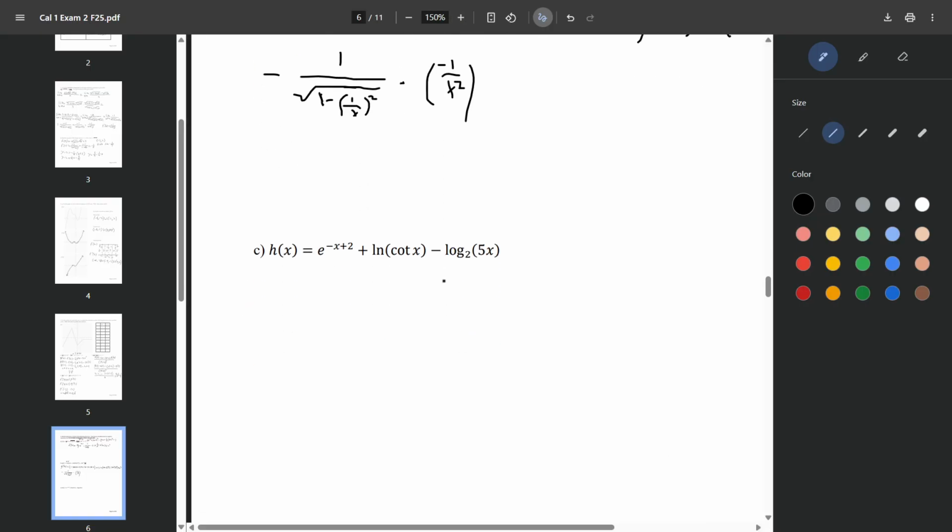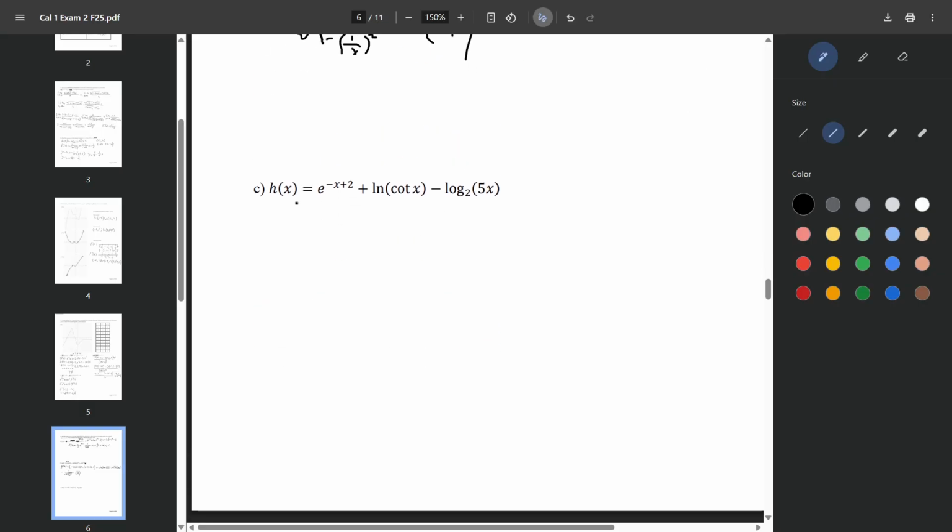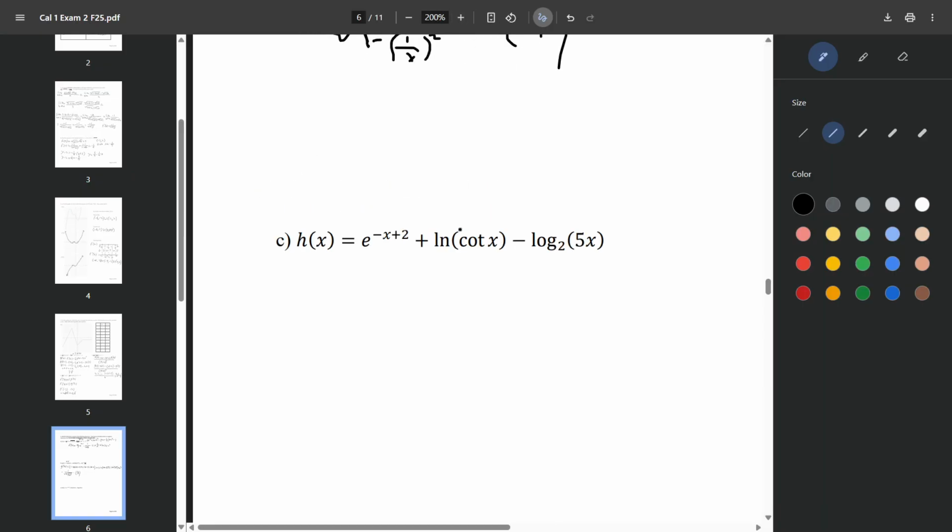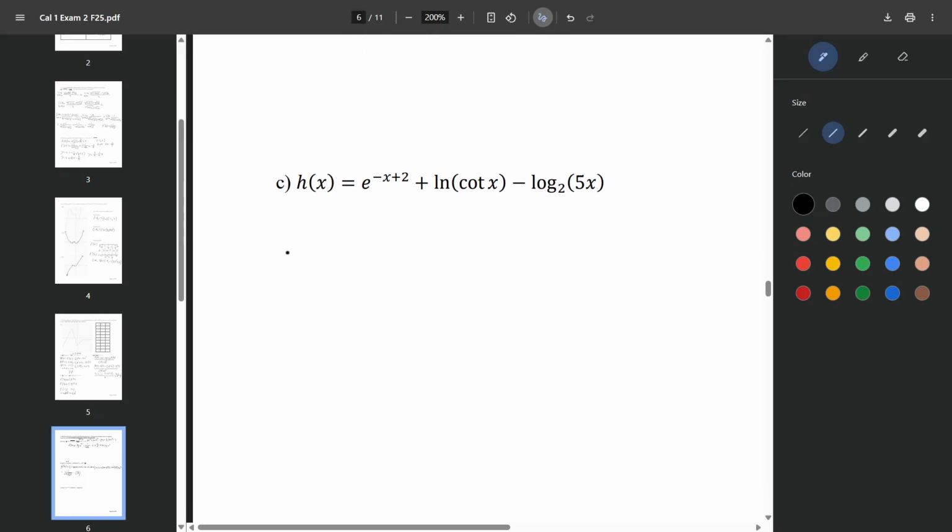And now finally, C. h of x equals e to the power of negative x plus 2 plus natural log of cotangent of x minus log base 2 of 5x. So the first part is to take the derivative of e to the power of negative x plus 2.